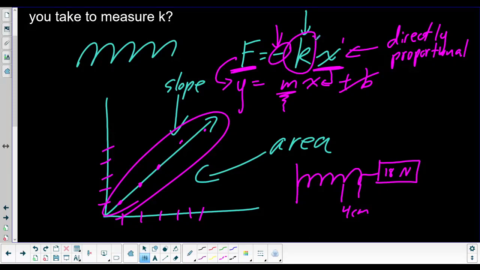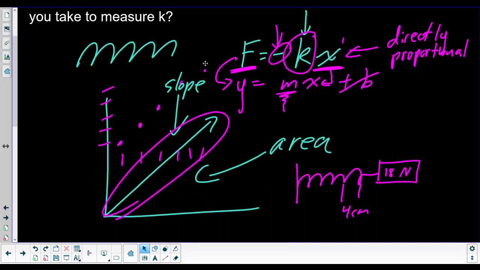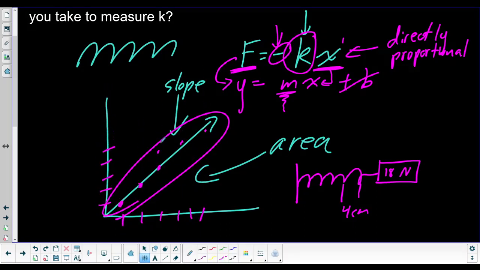Maybe it stretches easier the farther it stretches, and we find that our data points do this, and it's not even linear, and it curves up. That's something we would want to know by doing an experiment. So that's why we want to take multiple measurements and look at a slope.